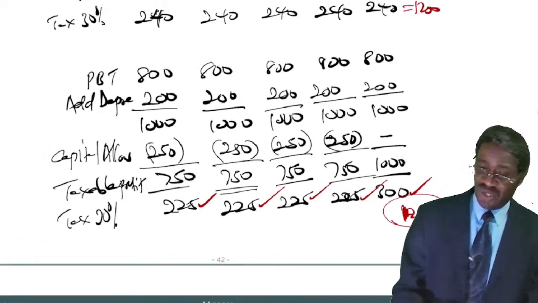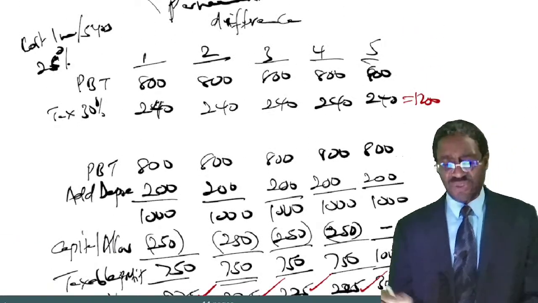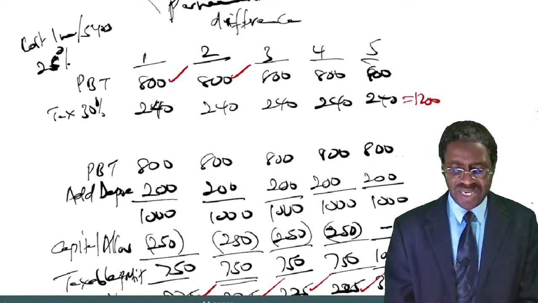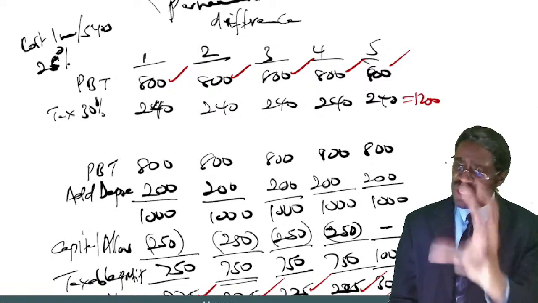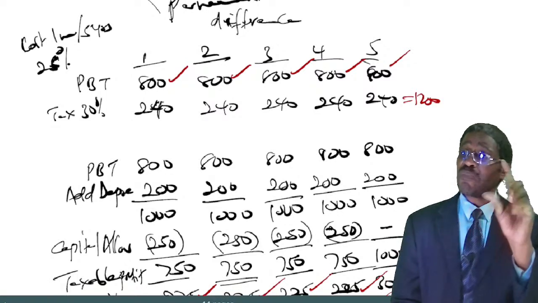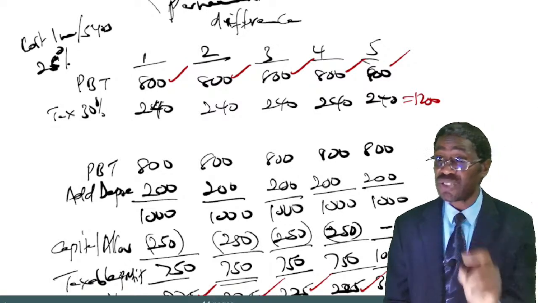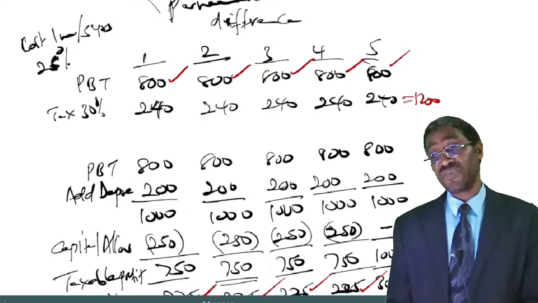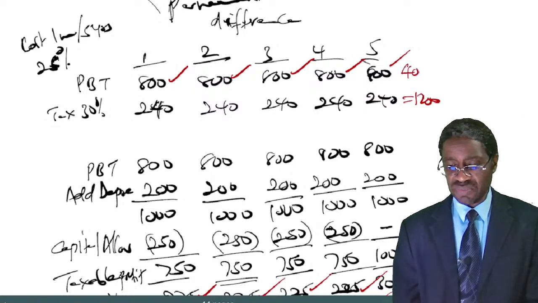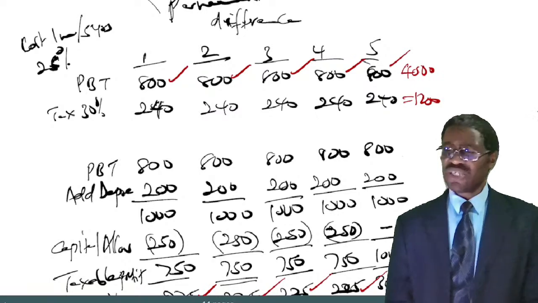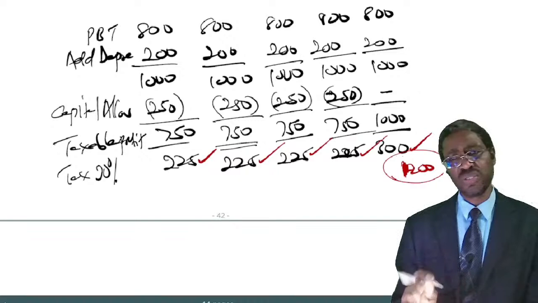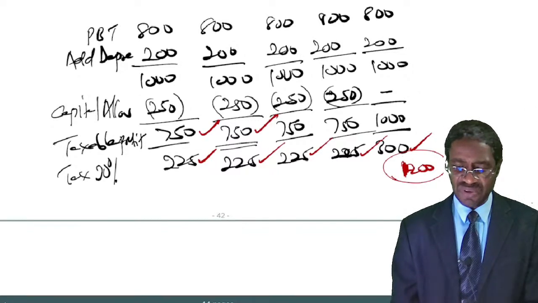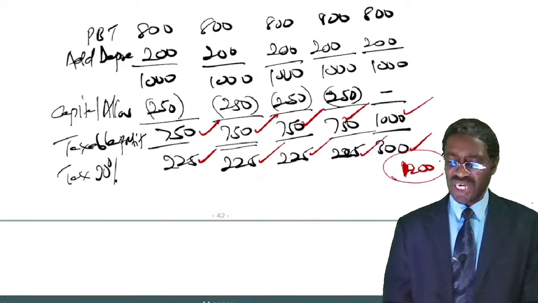Another way, you can also look at it this way. Well, I thought I'll pay tax on 800. For those 5 years, I thought I'll pay tax on a total profit of how much? 800 times 5. That's about 4,000. The taxman said, no, you're not going to pay on 800. You will pay on how much? 750, and 1,000.